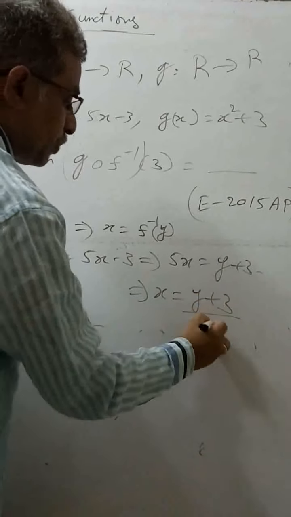So F inverse of y equal to y plus 3 by 5. If I want F inverse of 3, this becomes 3 plus 3, 6 by 5. F inverse of 3 is 6 by 5. Now he is asking G circle F inverse of 3 equal to G of F inverse of 3. Be careful, that is not F circle G whole inverse.